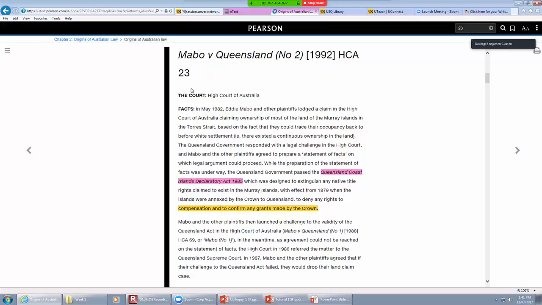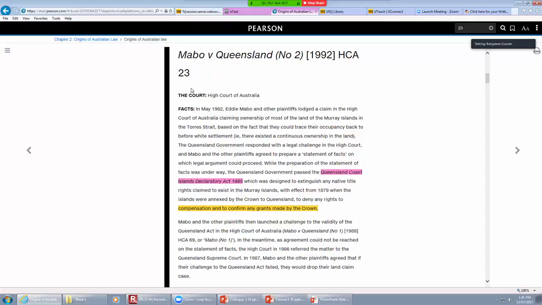All right, let's look quickly at the facts of this case. So we've just celebrated 25 years of Mabo, of course, but I just want to go through it from a critical perspective. And it's going to be, again, at a very basic level. So basically, in the 1980s, Eddie Mabo, who is part of what is known as the Mary Islanders in the Torres Strait, community or peoples.